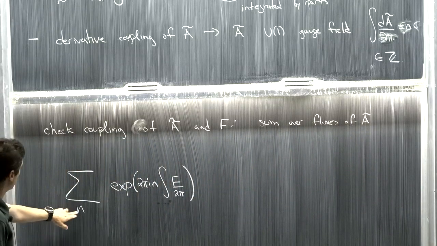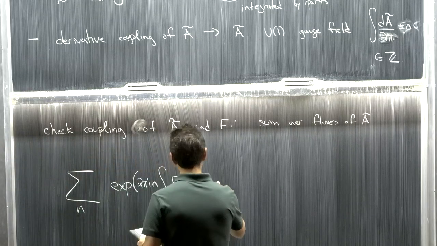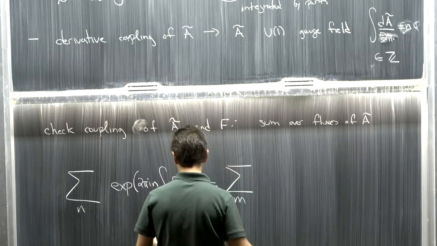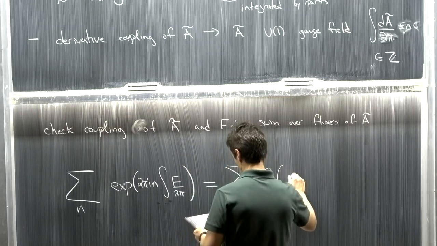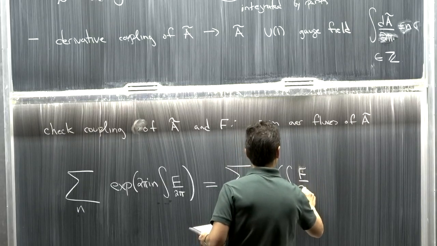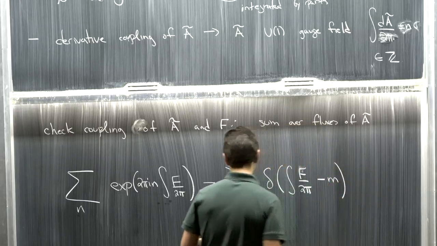Now we have a sum over n here, and this is going to give us a Dirac comb, a periodic delta function. So it's a sum over integers m of this delta function.